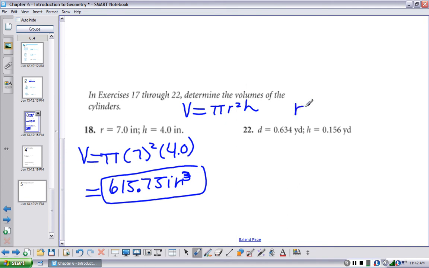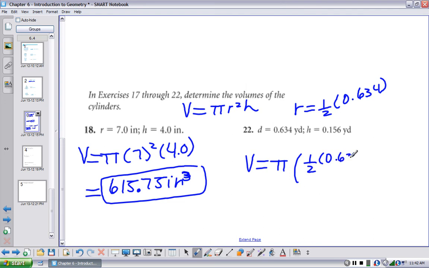And in number 22, they give us the diameter. And remember that the radius is going to be half of this diameter, 0.634. So the volume is pi r squared times h.